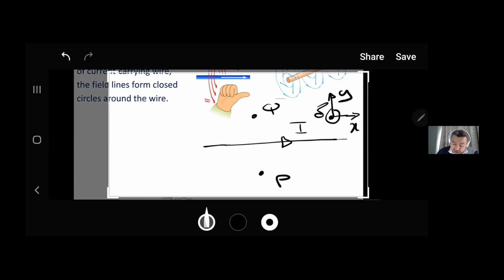Minus k for Q. Okay. For Q, it will be out of the page.